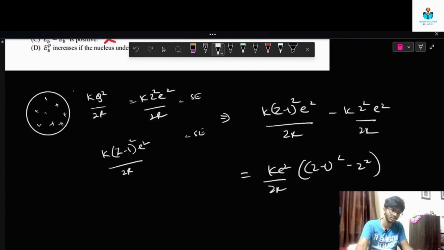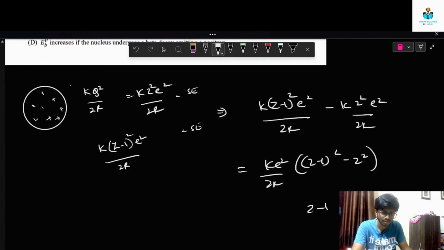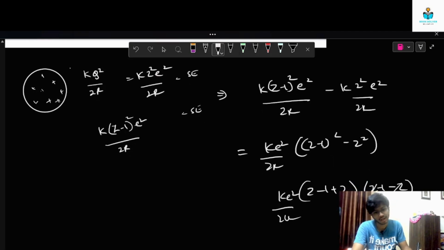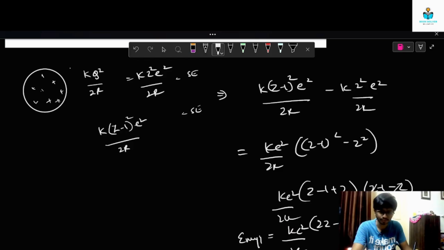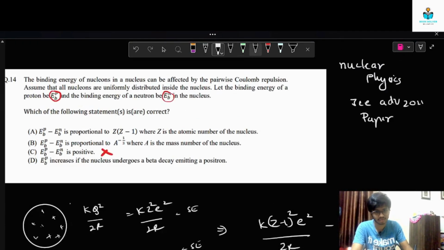It's a square minus b square, so (Z minus 1 plus Z) into (Z minus 1 minus Z). Okay, this gets cancelled, and what we get is (2Z minus 1) K e square by 2R. Okay, we'll take the mod here. So this implies even option A is wrong.